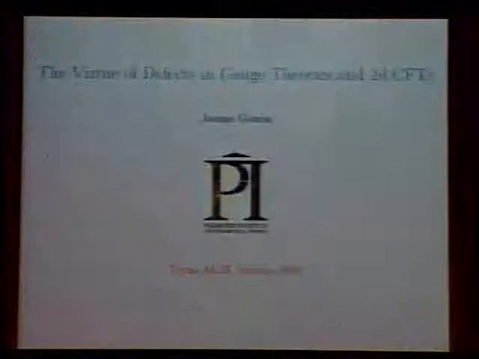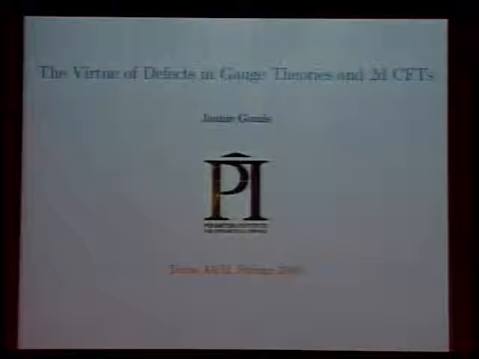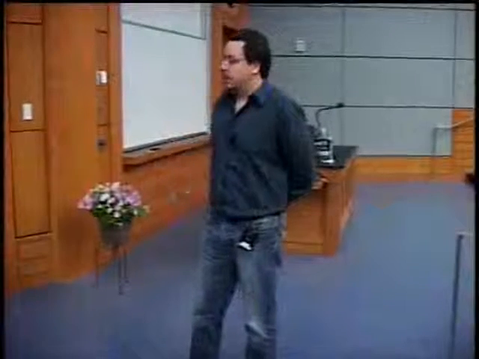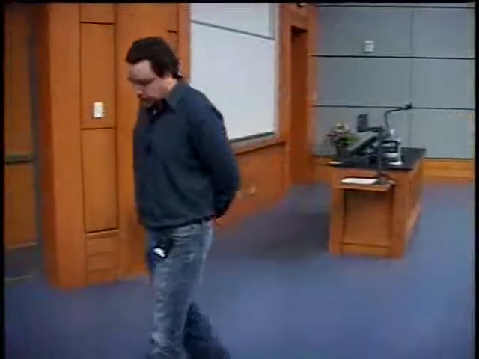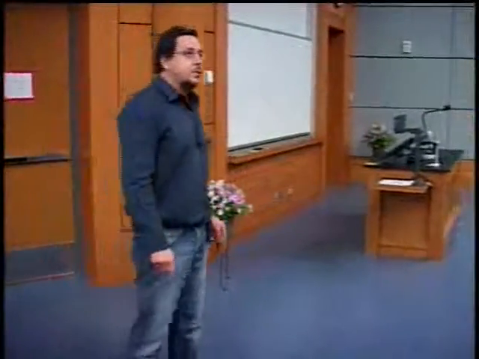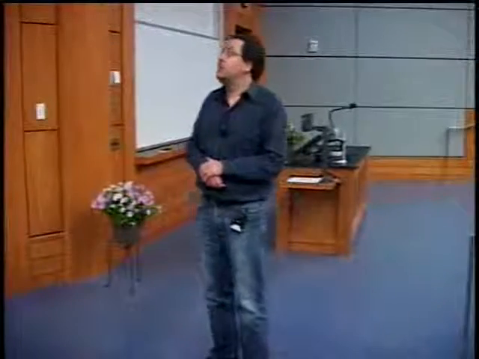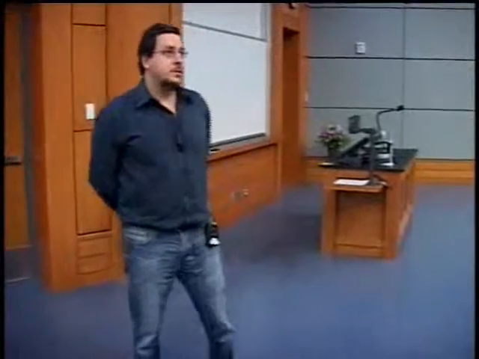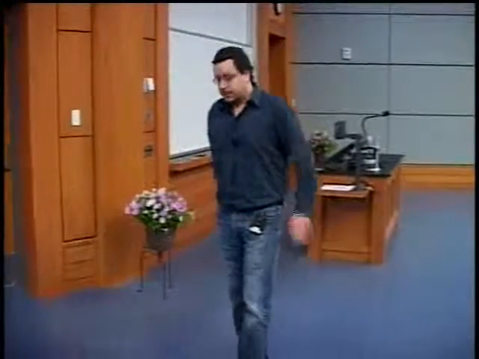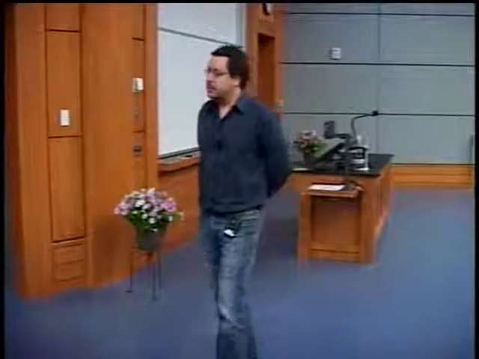Okay, thank you very much. So let me start by also thanking the organizers for giving me the opportunity to speak. So essentially in this talk, what I want to do is to describe some recent connections between the beautiful and rich subject of two-dimensional conformal field theories and the physics of four-dimensional N=2 gauge theories that already has been advertised in the previous two talks.